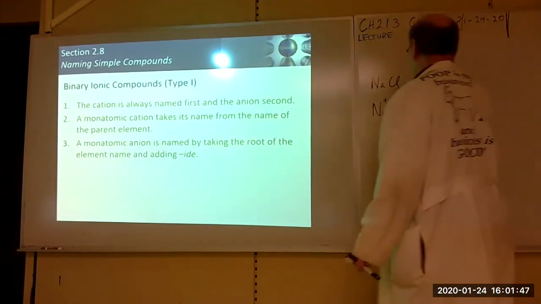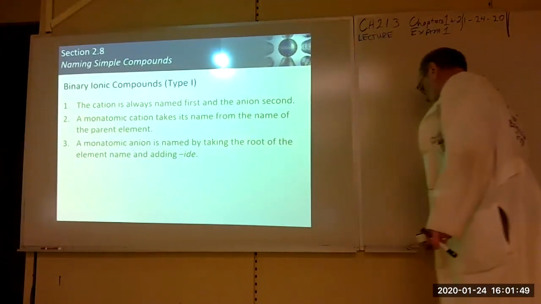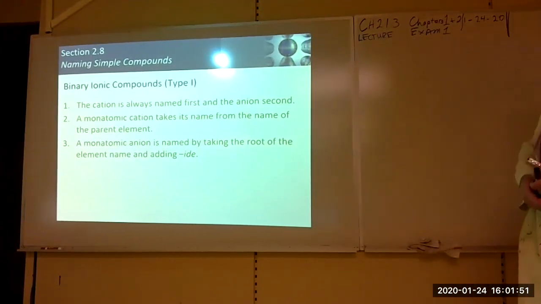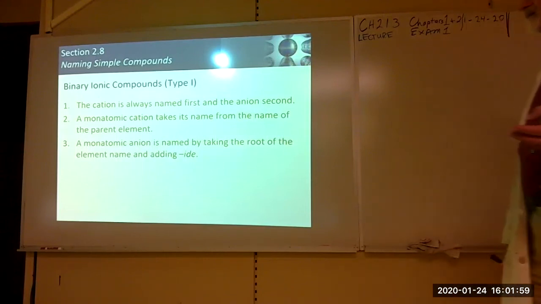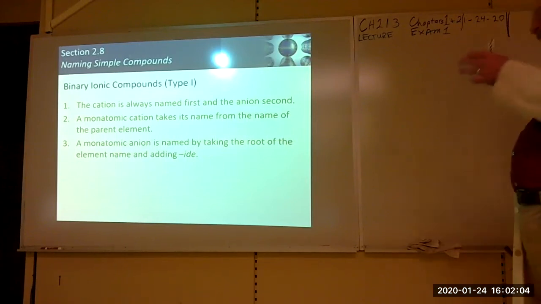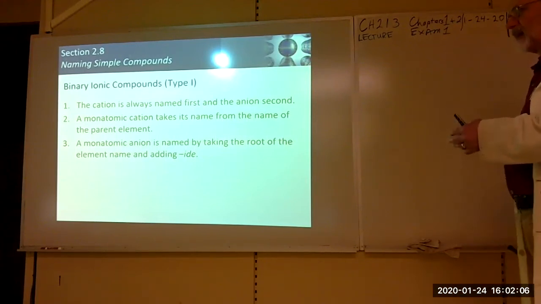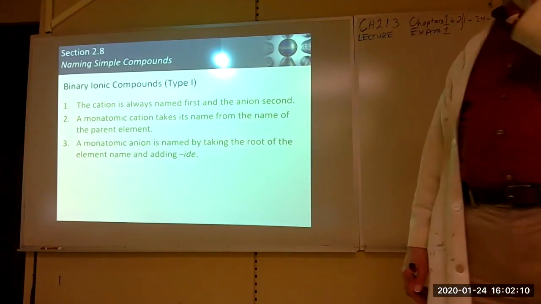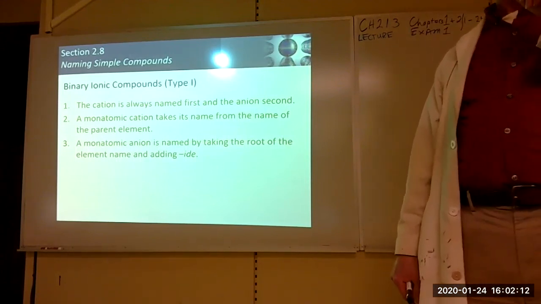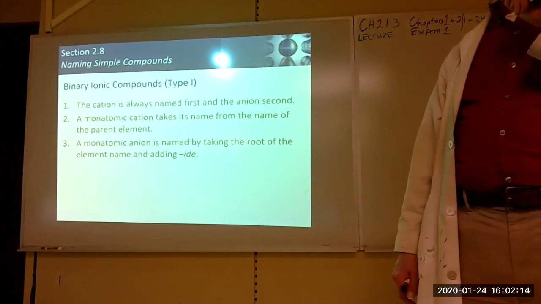So, we're going to start off with naming type 1 compounds. Type 1 binary compounds have a cation, which is named first, and an anion, which is named second. And the cation is monovalent. That means that it only has one possible charge. Right?